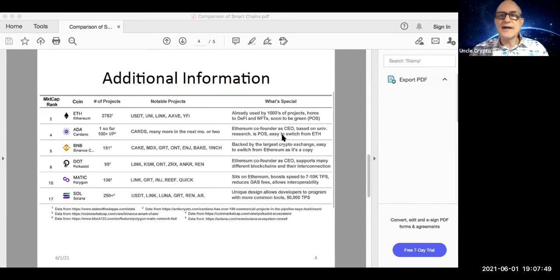So ERC20 was the proposal for the minimum things a new token needs to do to work happily on the Ethereum blockchain. And so all the coins that you are familiar with, Tether, Uniswap, Chainlink, Aave, Yearn Finance, a ton of them, they all are ERC20 coins.